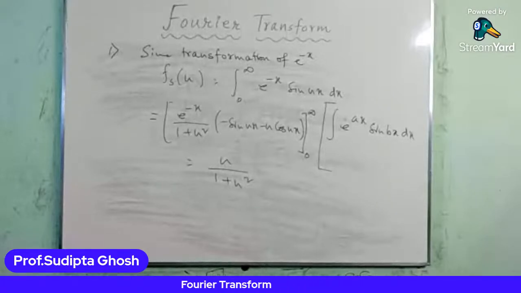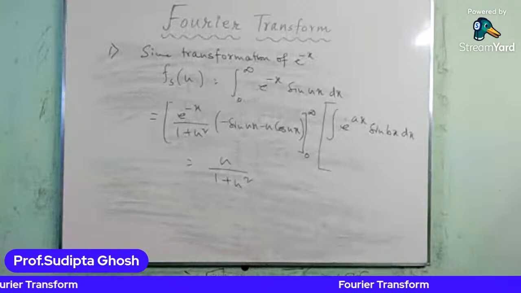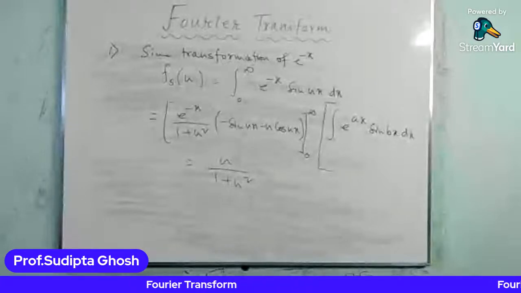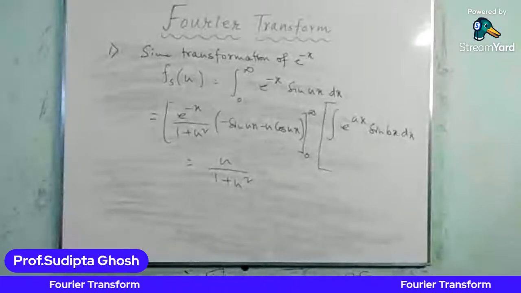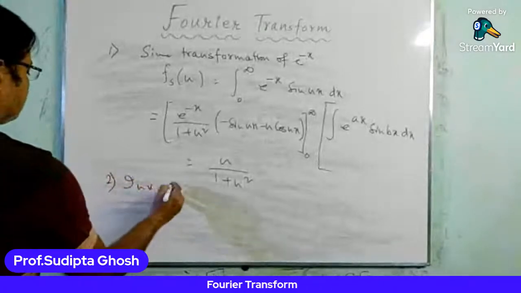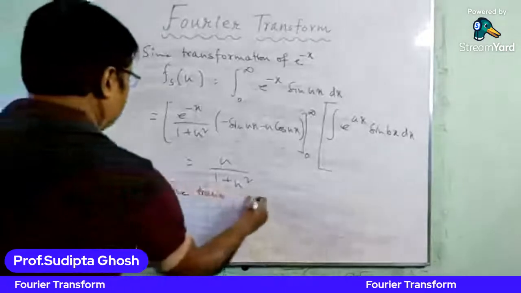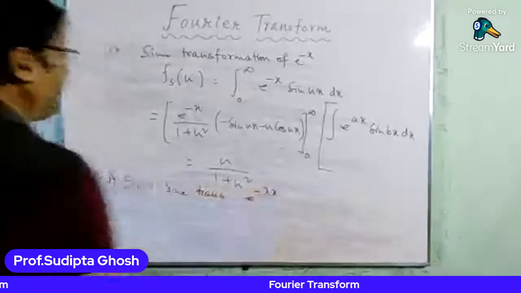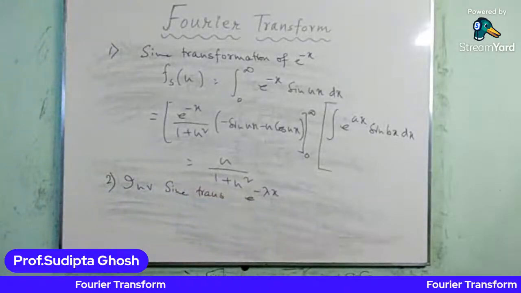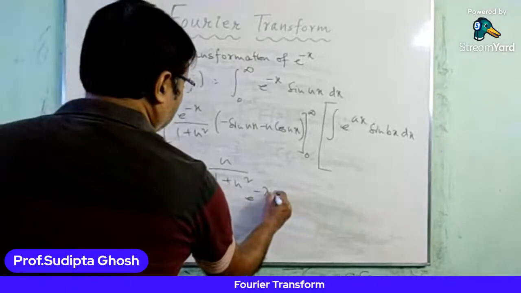Now let us take the inverse sine transformation. Number 2, let us find the inverse sine transformation of e to the power minus lambda x. So the function is given as e to the power minus, sorry, not x, let it be n.